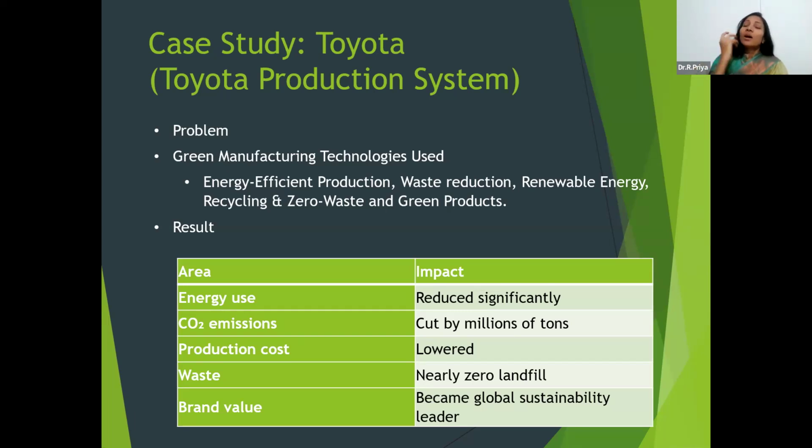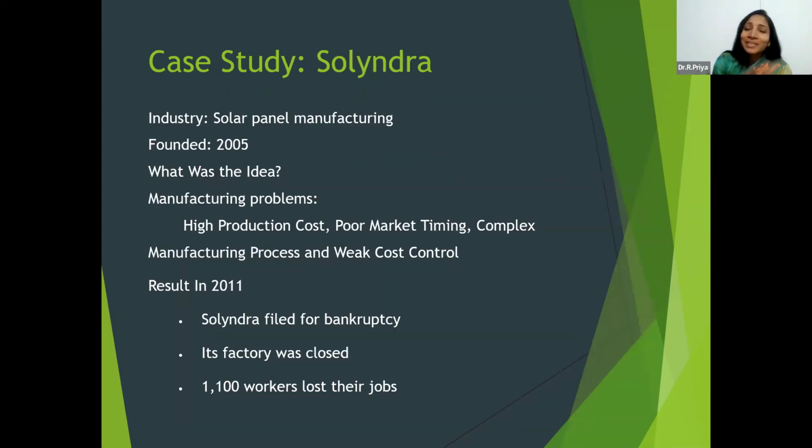Now I'm giving another case study, but this one is a failure case study. In the last slide you said that if you use green manufacturing technologies, the result will definitely be positive, profitable, and environmental protection is also a must nowadays.